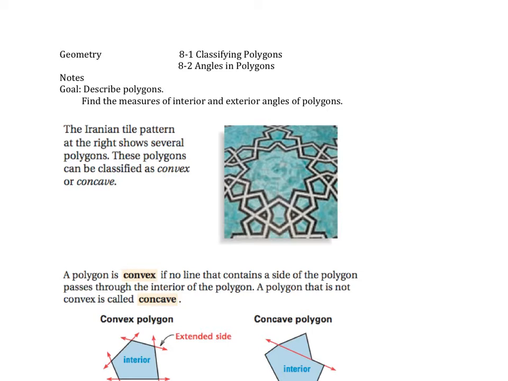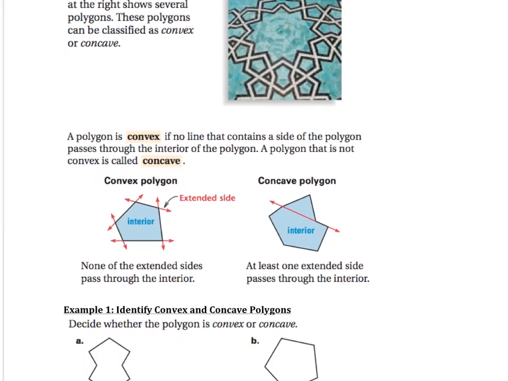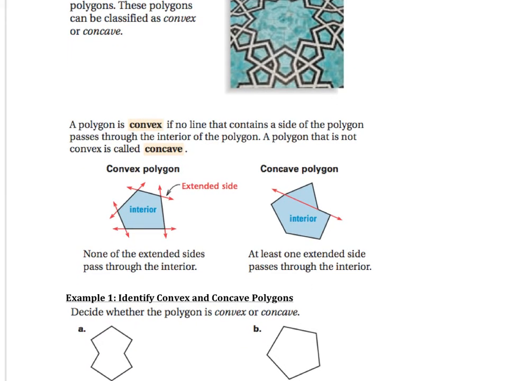So, first off, we have two different types of polygons. They can be classified as convex, and if you look at the picture here, it just means that if you extend the sides, they would never pass through the interior. The second type is called concave.